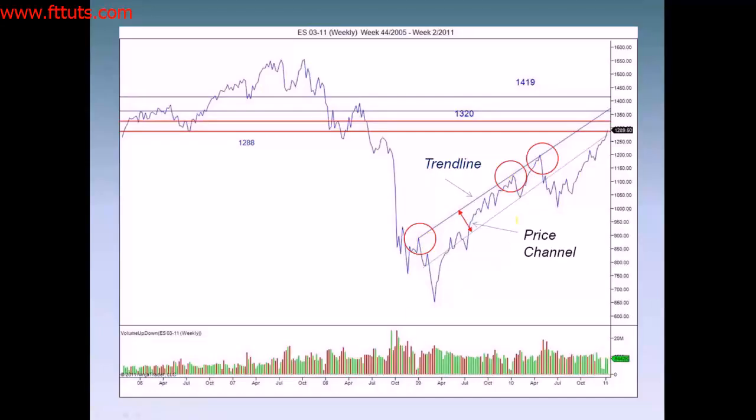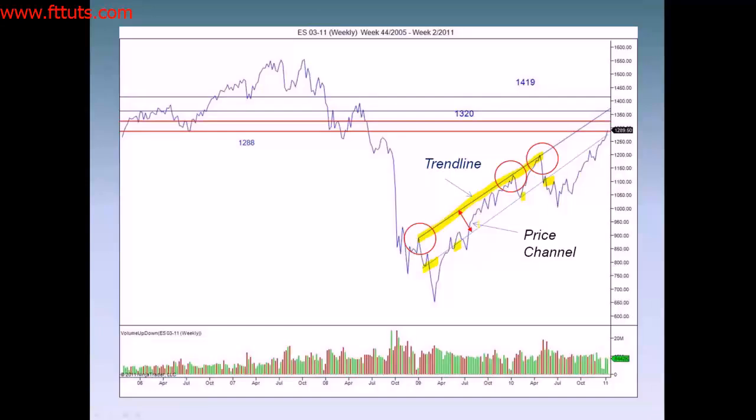Now, as we connect the highs, it also makes sense to connect the lows. And if you notice here, we have a number of lows, and when we connect them, we come up with another trend line on the bottom side of the movement. What we call this is a price channel.